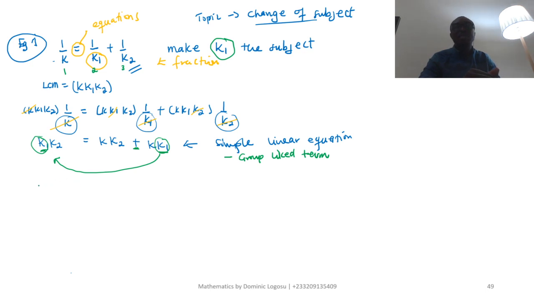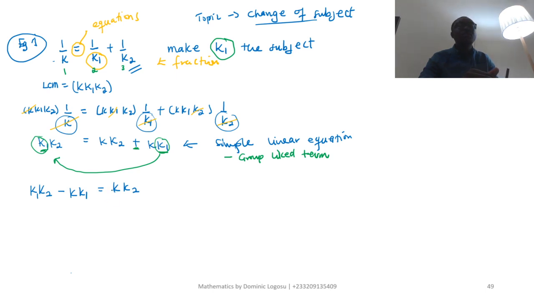So when it goes to this side, it becomes subtraction. So we have k, k1, k2, minus, because this one is coming, so minus k, k1 equal k, k2.